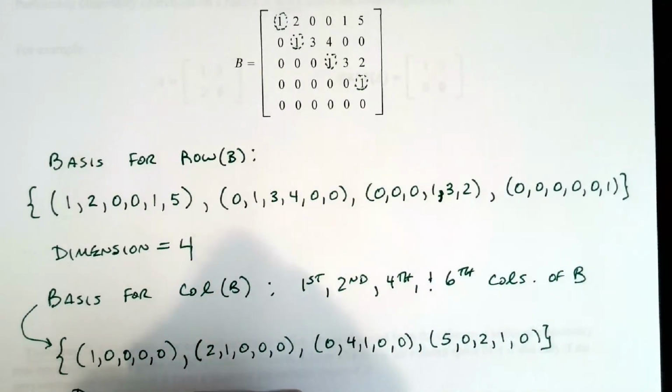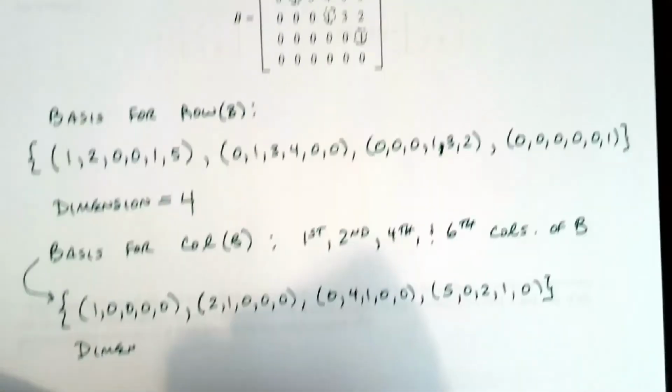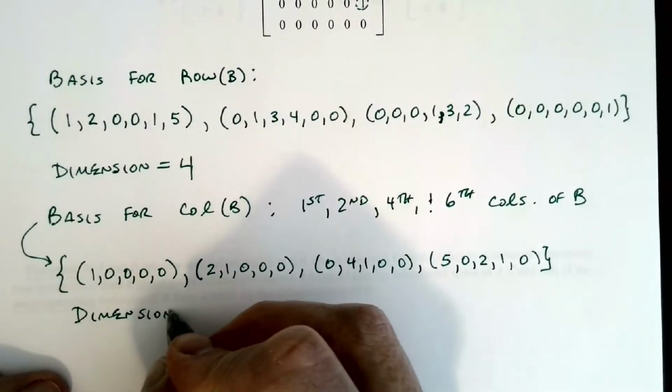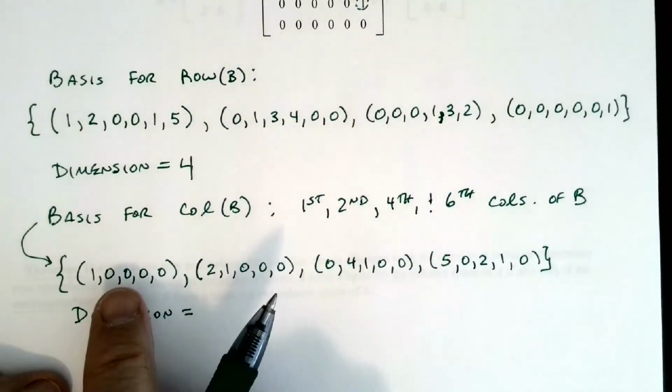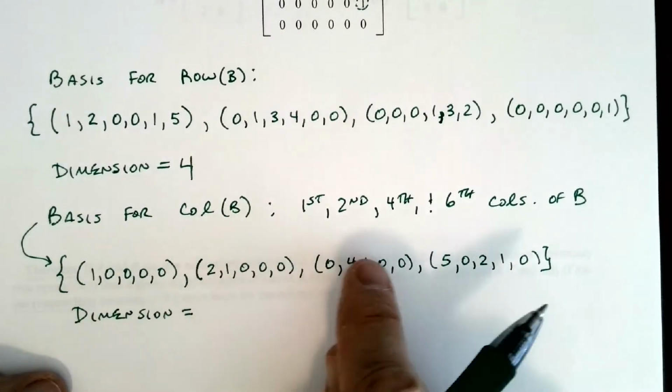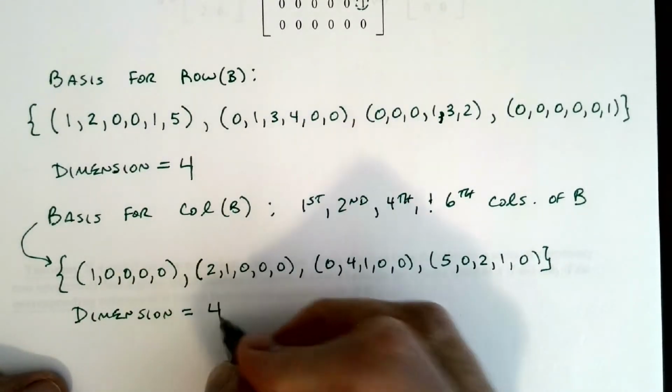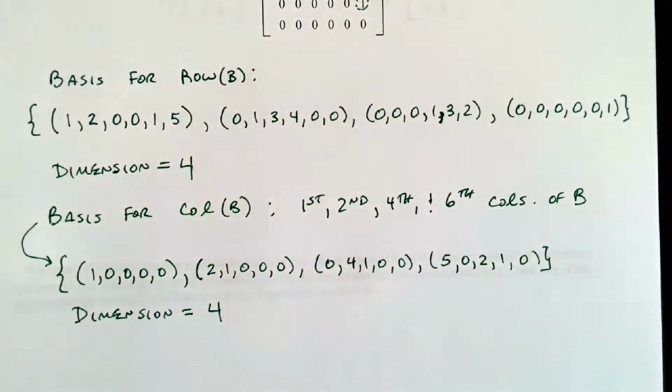And what is the dimension of the column space? How many vectors are in the basis? 1, 2, 3, 4. Okay. So there we have it. There is our basis for our row and column space.